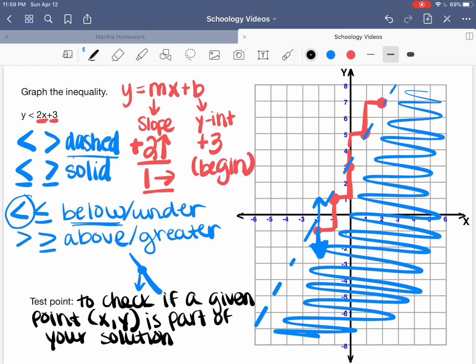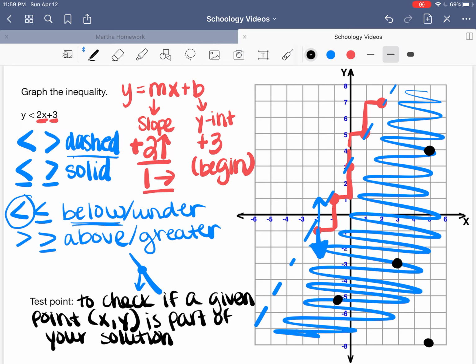Because we already have it graphed, I can already tell you where my answers are going to be. Your answers are going to be down here, anywhere in the shaded area of your graph. They cannot be on the line because this is a dashed line. So you can also check that way.